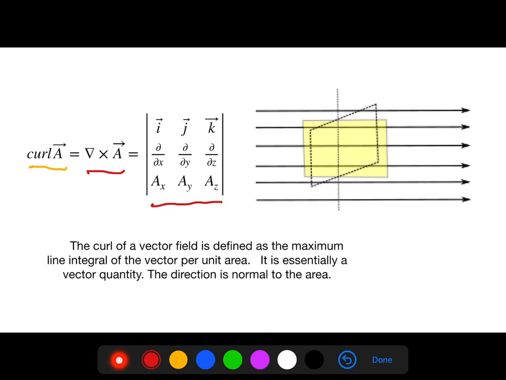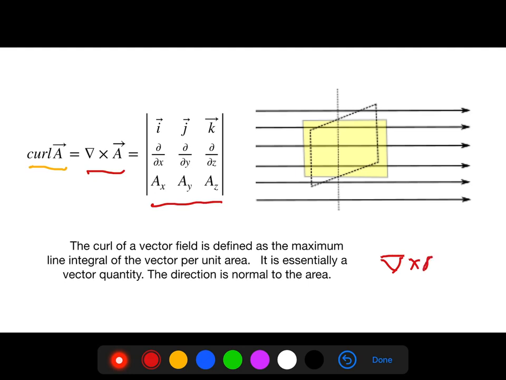Let's look into the definition. The curl of a vector field is defined as the maximum line integral of the vector per unit area. It is essentially a vector quantity. So curl of A bar is a vector quantity.